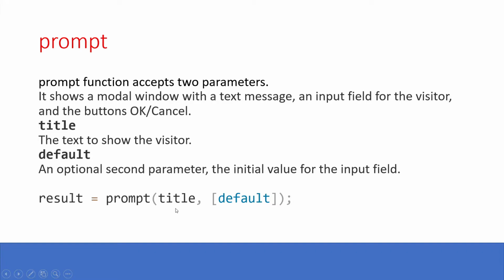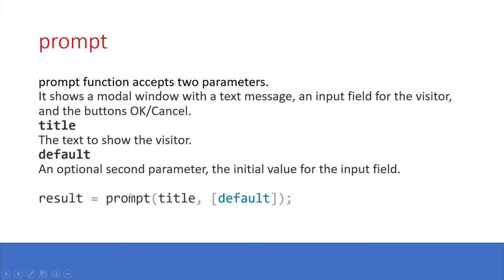Now this is the title which the user will see, and this is the default value. A default value will be given only if you fill this, and if you don't fill this one, a default value will not be given. The brackets indicate that this is an optional parameter.